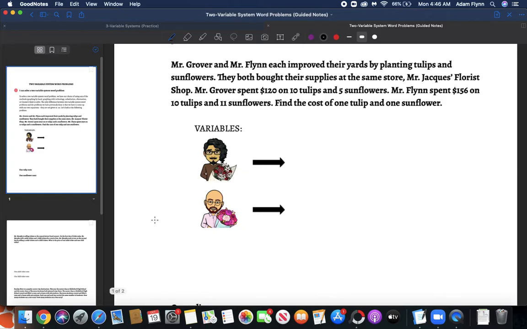When we have a two variable system, obviously we have some variables, so we're going to define what those variables are. Some useful information here: we've got tulips and sunflowers in both equations. So how about we use the variable t for tulips, and we'll use the variable s for sunflower.